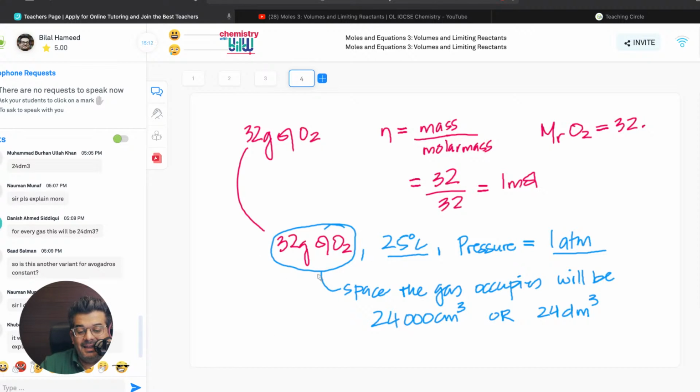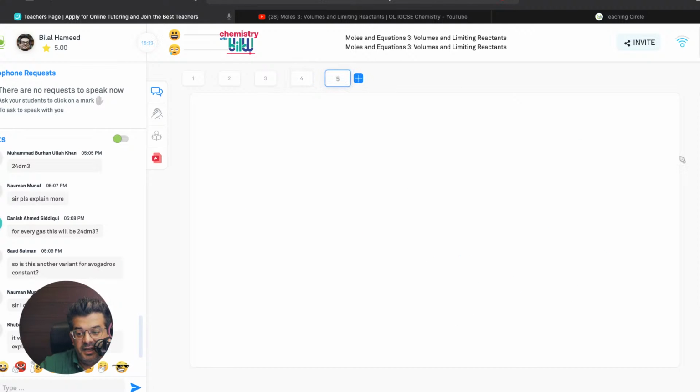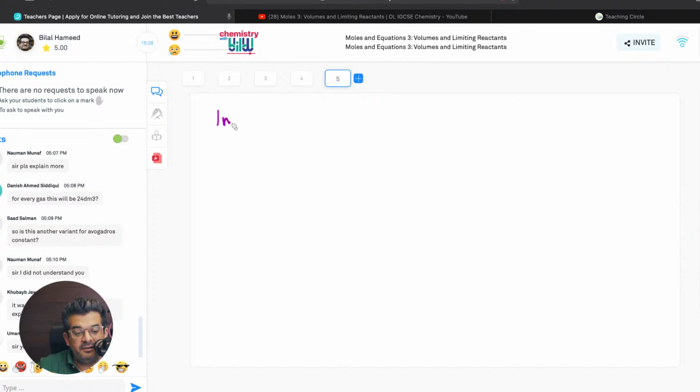So you take any mole of gas at 25 degrees centigrade, it will occupy this much. Very simply speaking, if I tell you that I have 1 mole of gas, you will tell me, okay, its volume is 24 dm cube.